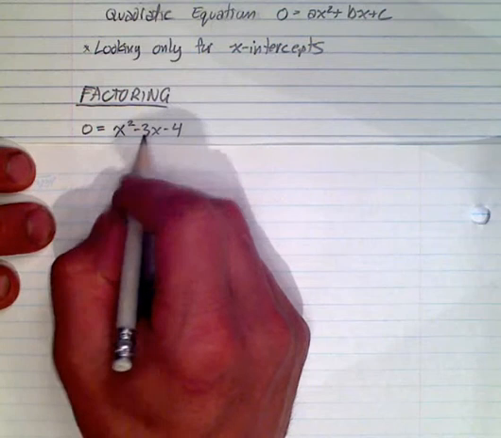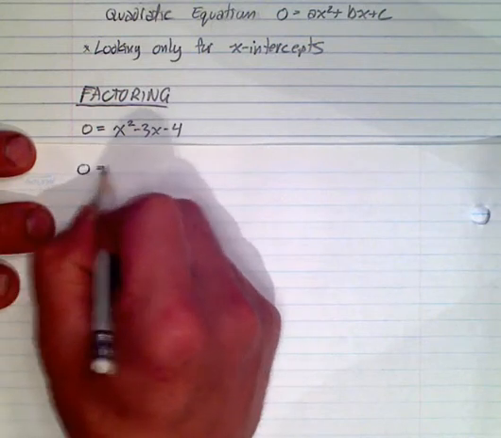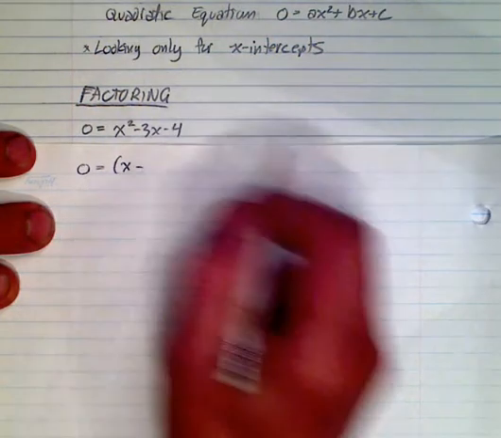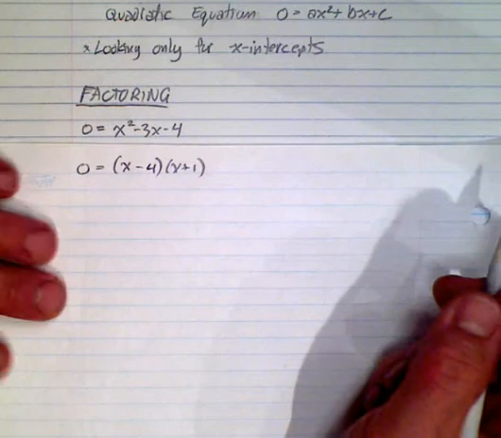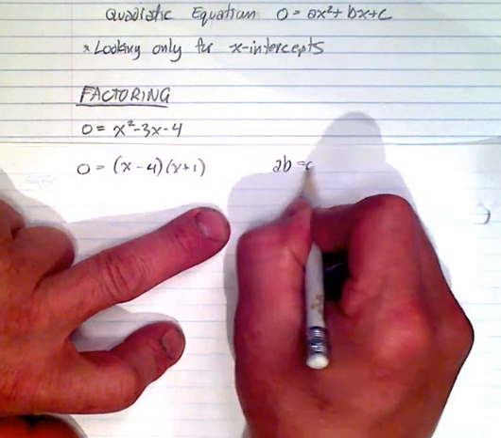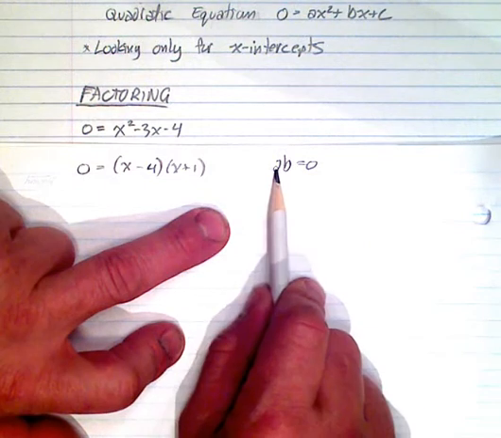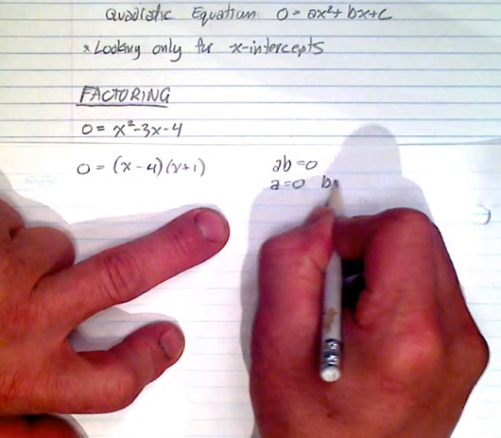So in this case, if you could see that you could factor it, you'd end up with x minus 4 and then x plus 1. And then there's this thing called the zero product law. Remember that if a times b is equal to 0, then a is equal to 0 or b is equal to 0. That's the idea here.